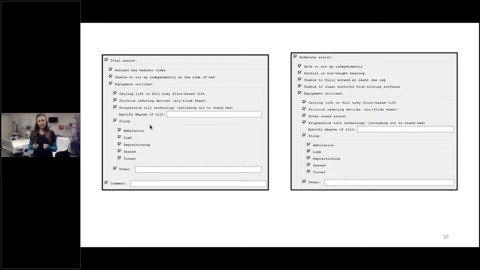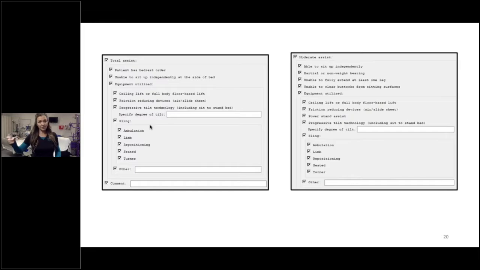So the way the mobility screen works is you're automatically level 1 total assistance if you cannot do anything. You have to test out of the level. So if you pass the test, you're already a moderate assistance level 2. If you fail to be able to sit up independently, you remain a level 1.